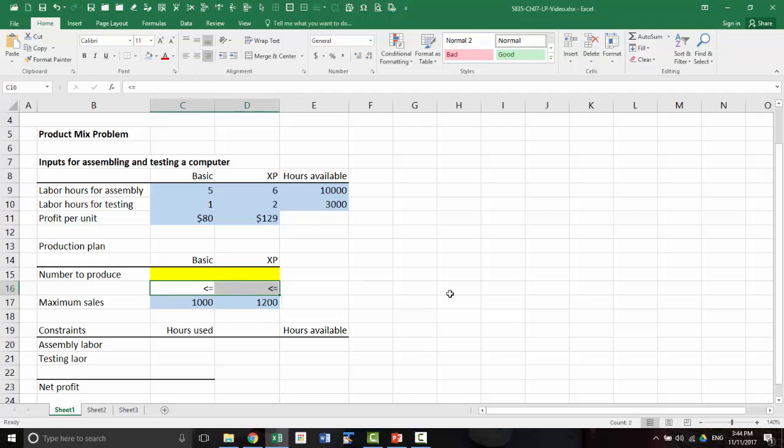So let's align them properly. Now this is not used in the Solver, as you will see. But this is strictly for the user understanding the model properly. So we know that by looking at this less than or equal to sign, that these values must be less than or equal to these values.